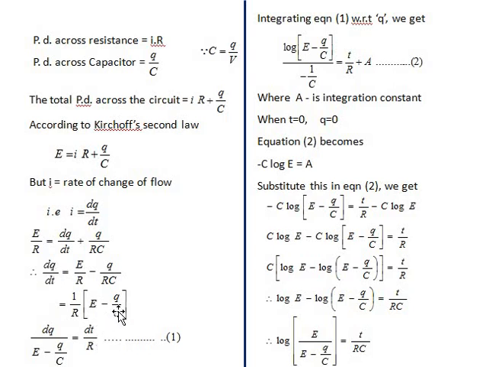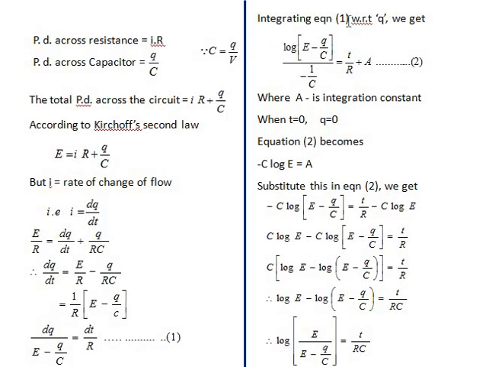So E minus q by C comes in the denominator of dq, and dt goes to the numerator, and 1 by R remains there. Call this equation number 1.